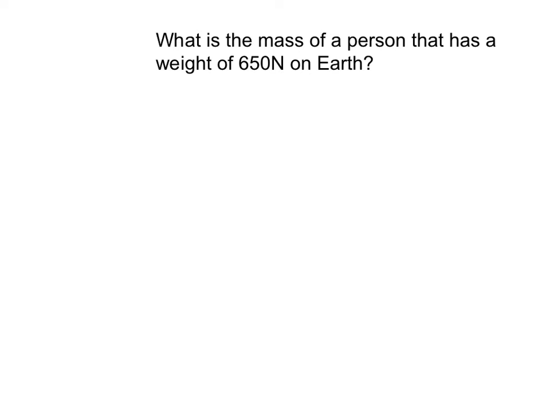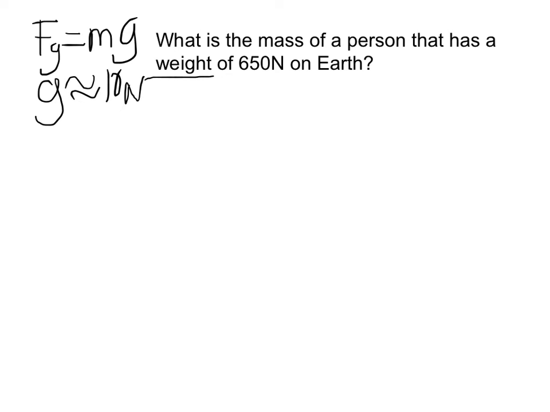Next example. What is the mass of a person that has a weight of 650 newtons on Earth? This question is once again about weight, so we'll use weight equals mass times gravity. And as I told you last time, let's go ahead and approximate gravity to be 10 newtons per kilogram.